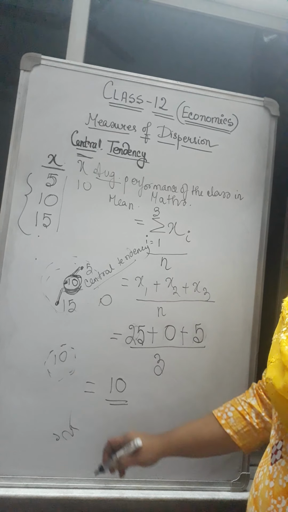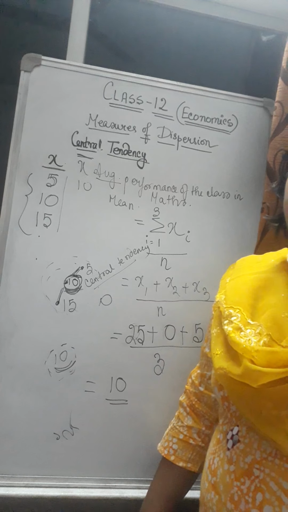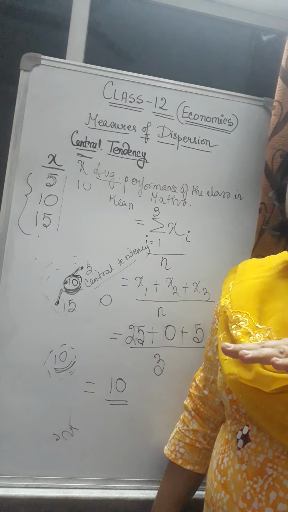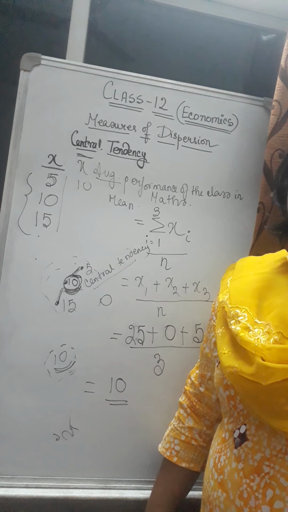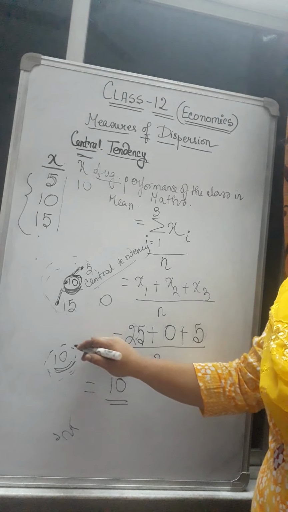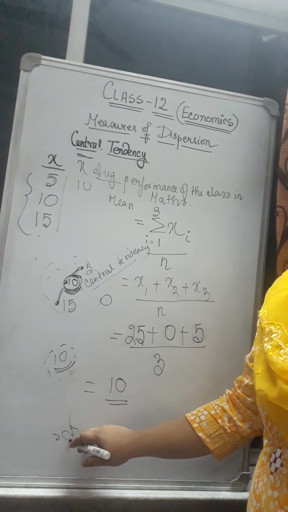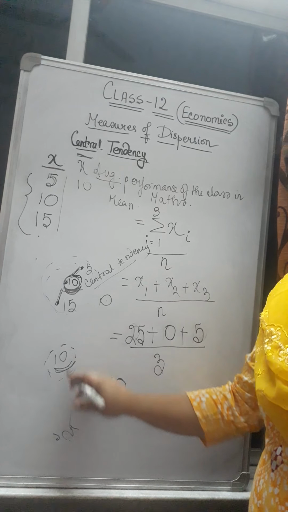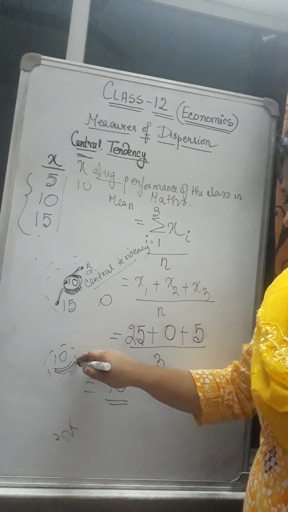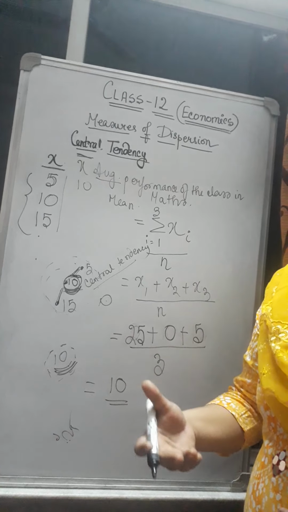That means the average picture that you are drawing about the class performance in mathematics is faulty, because average tells you almost nearer to this value all of their marks lie. But actually it is not happening. Somebody is getting as low as 0, somebody is getting almost 15 marks higher than 10, that is 25. So sometimes the average doesn't reveal a true picture about the performance.